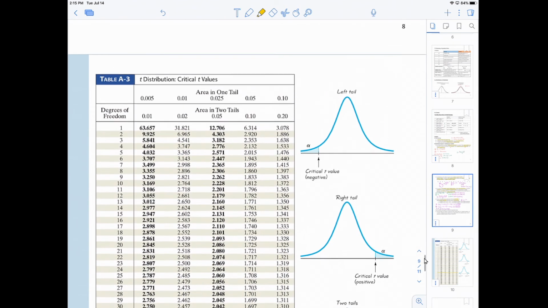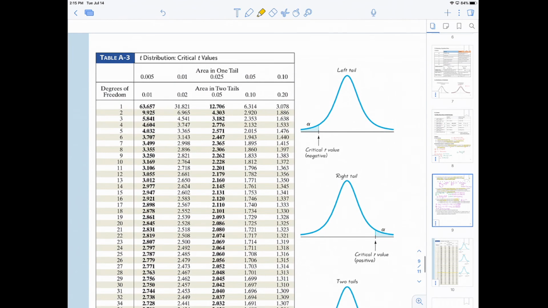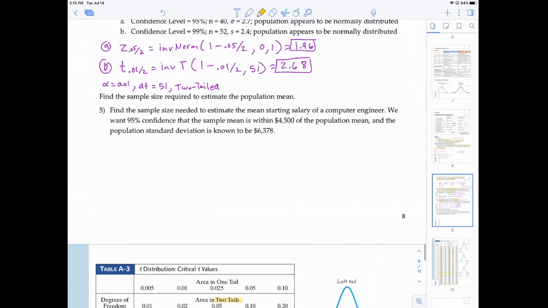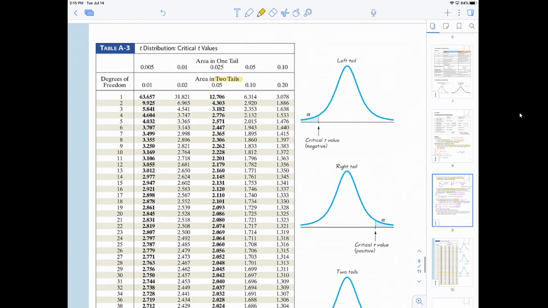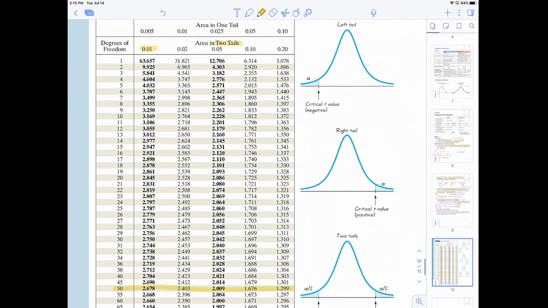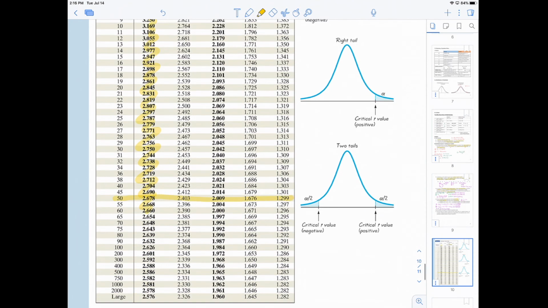And then you need to know whether it's area in 2 tails or 1 tail. It's 2 tails. And then you also need to know what alpha is. Alpha is 0.01, so 0.01 is the first column. The intersection of this row and this column is that value right there, 2.678.